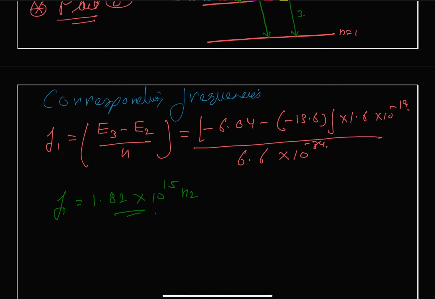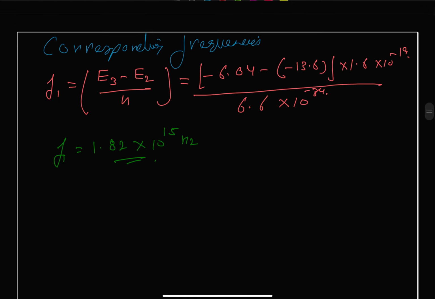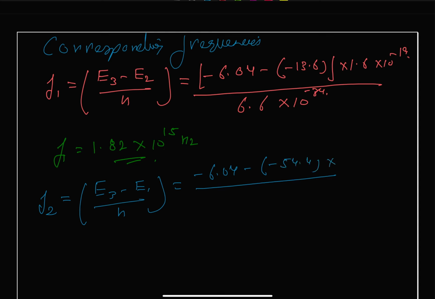Next is for between 3 and 1. Let us call that our F2. So our F2 will be equal to E3 minus E1 divided by h, and we get this as minus 6.04 minus of minus 54.4 into 1.6 into 10 to the power minus 19, divided by 6.6 into 10 to the power minus 34.